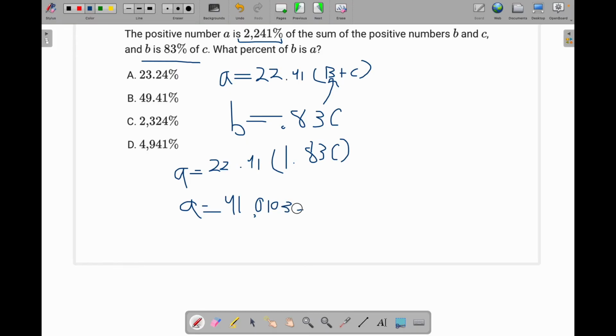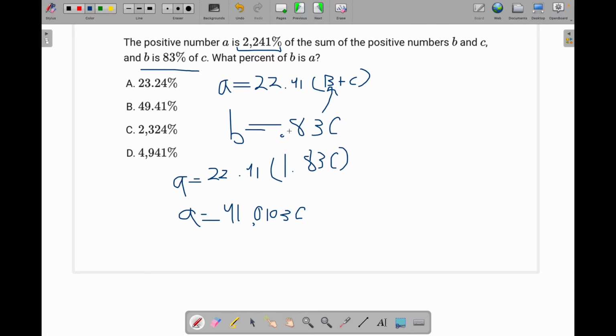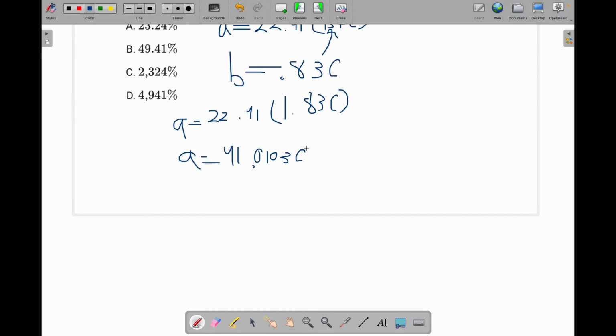C. Now, what we're then going to do is we know B equals 0.83 C, meaning that C is going to equal B over 0.83. So we're just going to plug in C in terms of B. So instead of C, it's going to be B over 0.83.